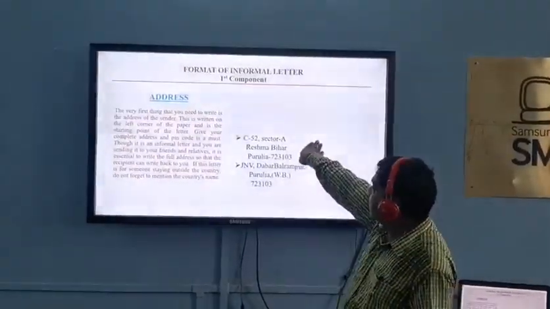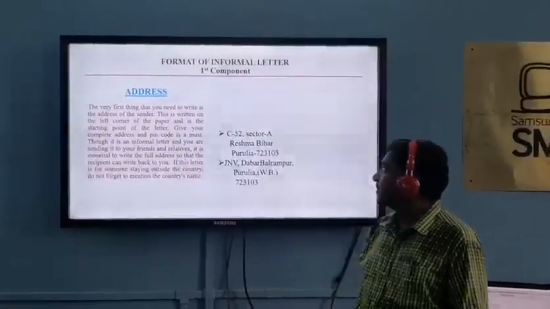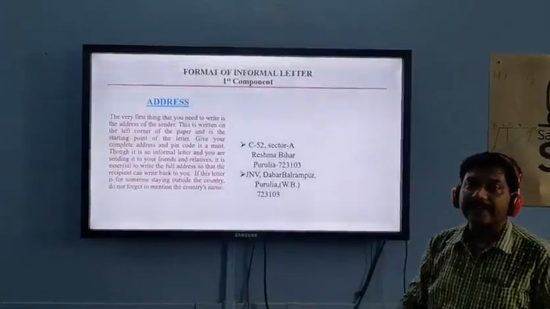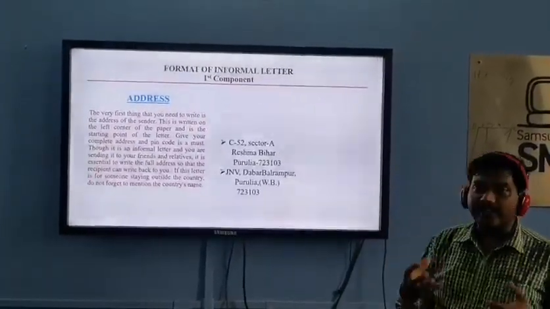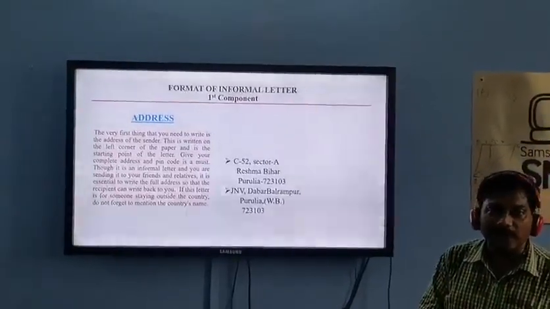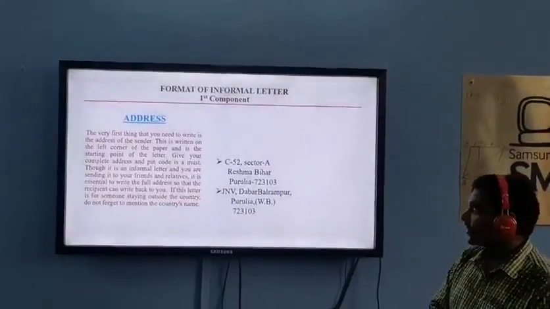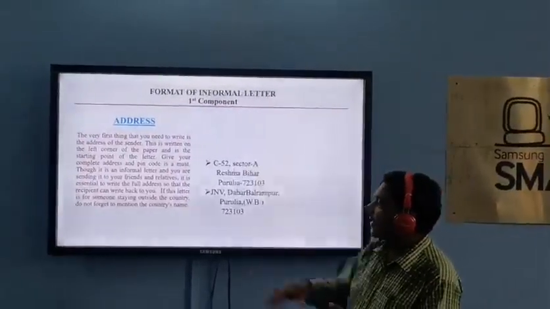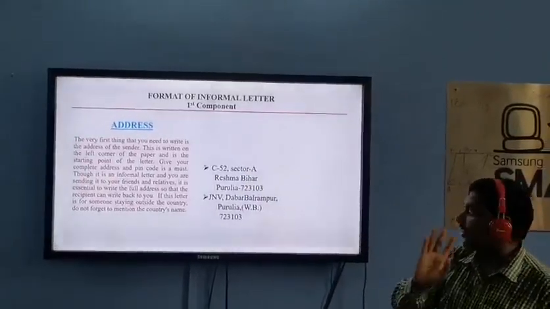The first component of the format of an informal letter is the address of the sender. So in the address, what is to be written? See, what should be in the address? The very first thing that you need to write is the address of the sender.